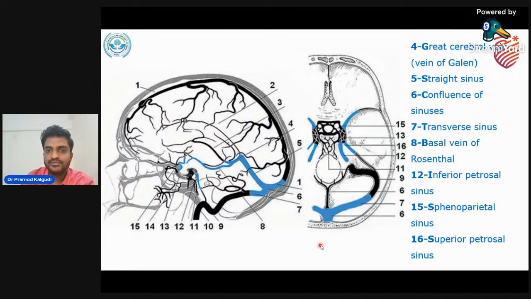Again, this is in the transverse view, the veins which you can insonate. Here you can see this is the terminal part of superior sagittal sinus. This is the straight sinus. This is the vein of Galen, which you can insonate.